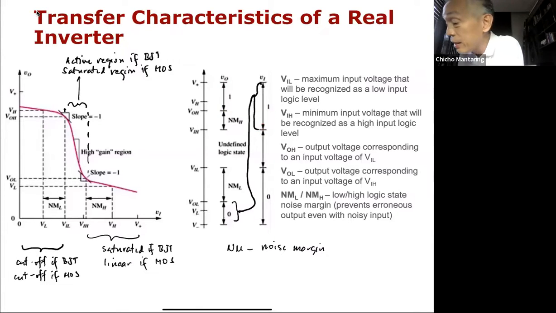This is still accepted all the way down here as a 1, and this is what it will output as a 1. And therefore, if there is some noise that reduces my output by this amount, it will still be accepted as a 1. And that's why you call it your noise margin. So you have your noise margin for your high, and you have your noise margin for your low. That is the characteristic of a real inverter.